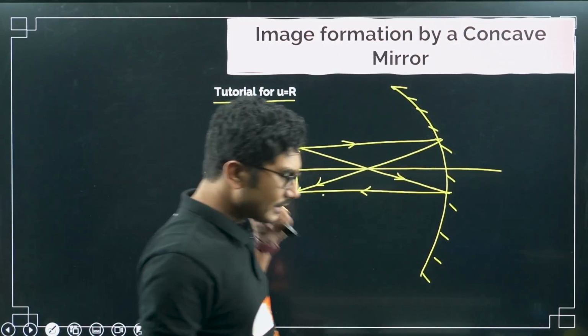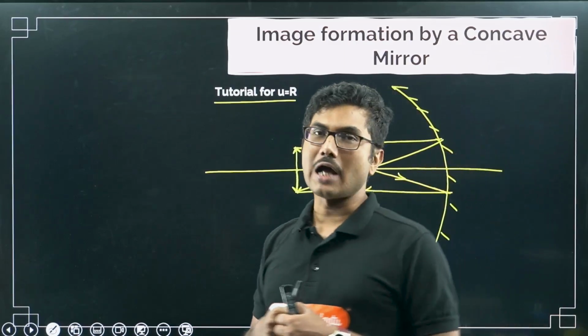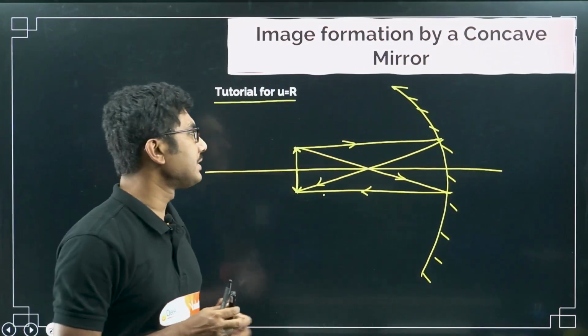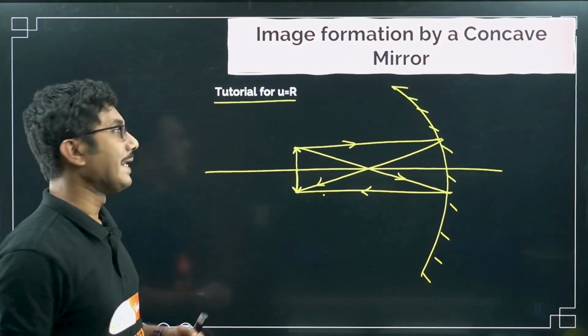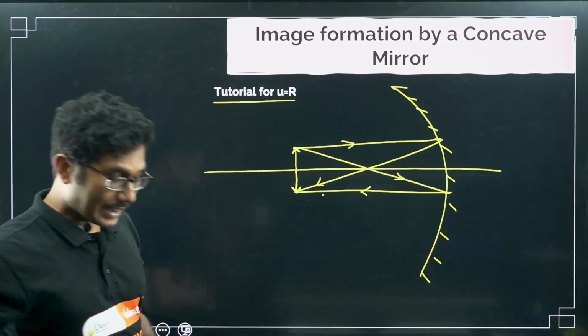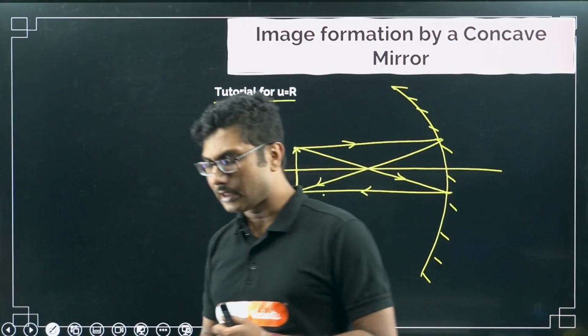So how can this question come in your exam? They will not ask you directly about this diagram. They will not say, when the object is put at 2F, draw the ray diagram, or when the object is placed at the center of curvature, draw the ray diagram. Mostly they will not ask you like that.